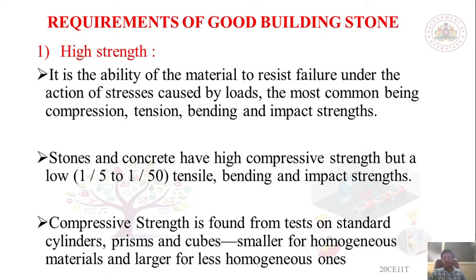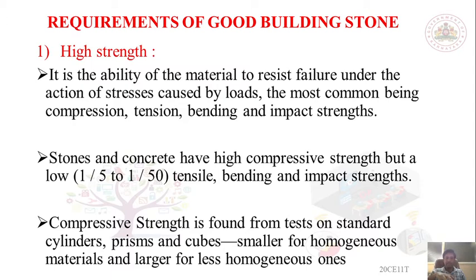The machine applies the load, and the maximum load it can take before failure is noted down. That compressive load divided by the area on which the specimen has been tested gives the compressive strength. If it is a cylinder, the area is pi r square or pi d square by 4.